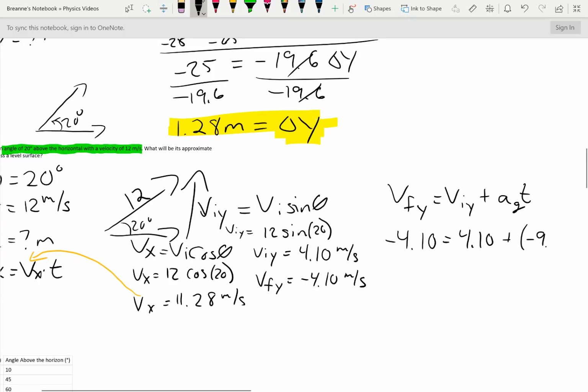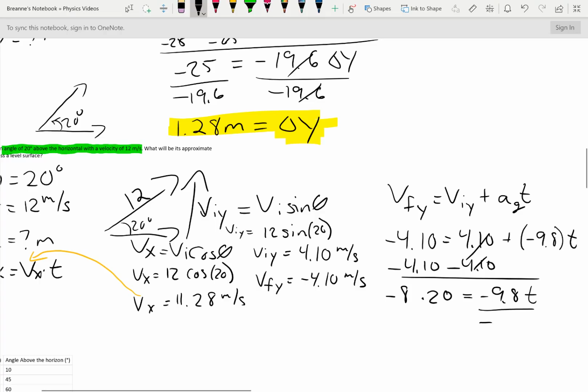Our acceleration is negative 9.8 t. Can't add or subtract there, so we need to bring this over. So that gives you a negative 8.2 equals a negative 9.8 times t. And then you'll need to bring over your negative 9.8 and you plug that into your handy dandy calculator.